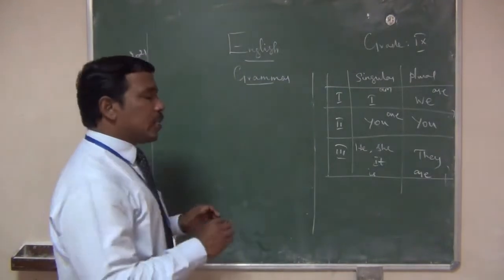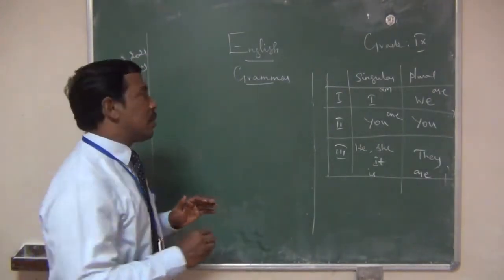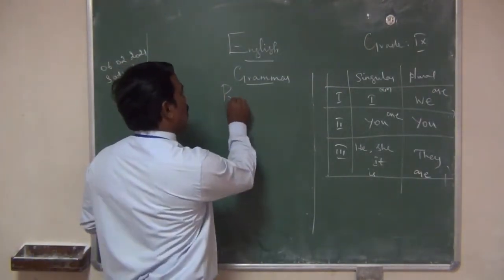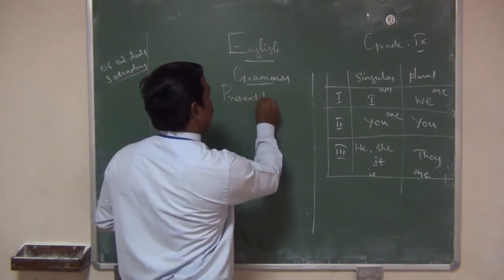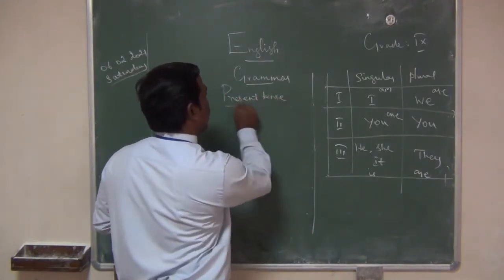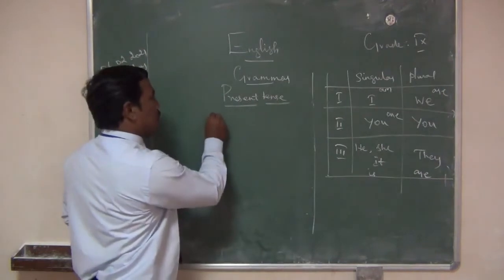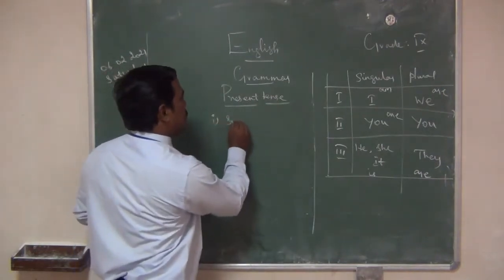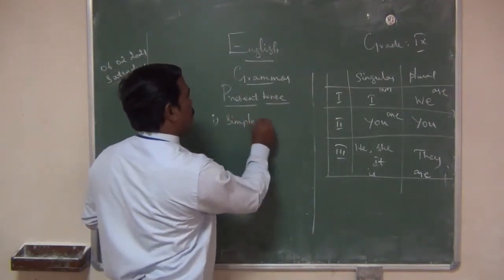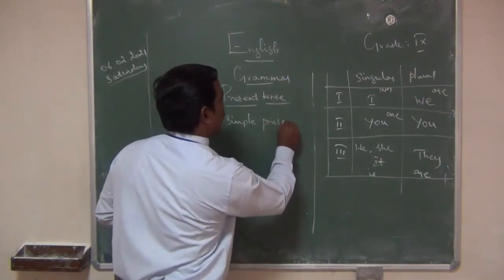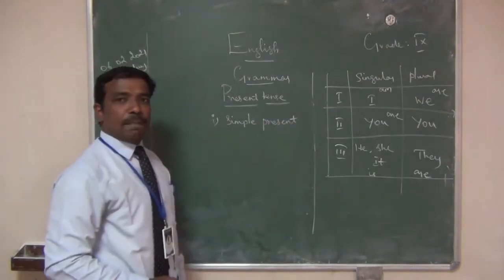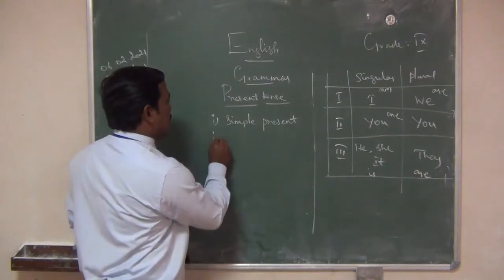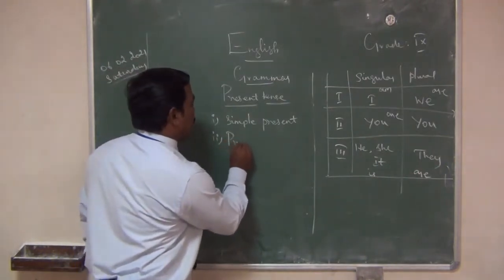Present tense is divided into four. How is the present tense divided? The first one is simple present. The second one is present continuous.